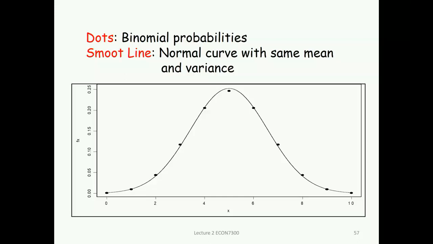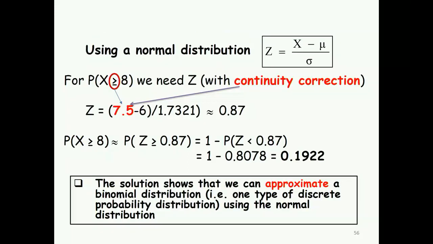Keep in mind, in your exam I might ask you, this is a binomial question, please use the normal approximation to answer the question. So don't use the binomial to answer. I am asking you to use the approximation. Okay, now the possible continuity corrections.